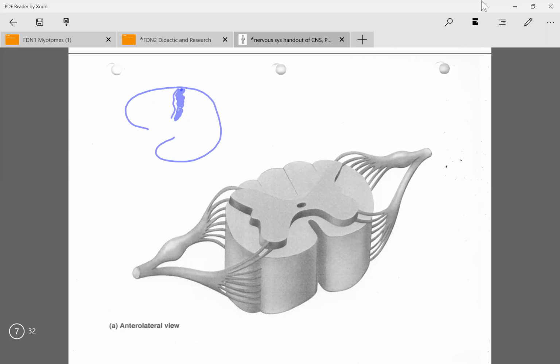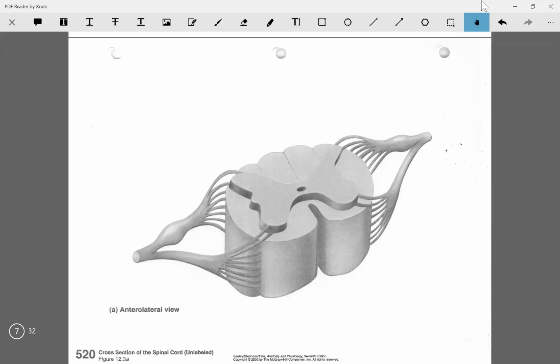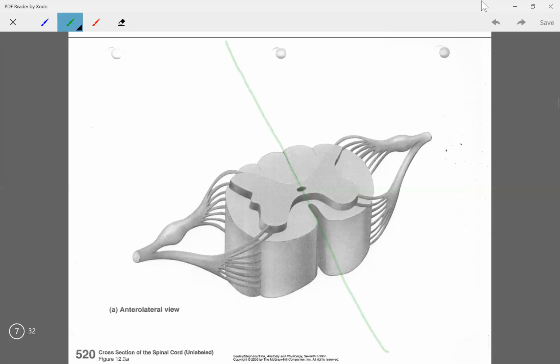All right, so let me get rid of this. Divide your spinal cord in half. Here's your brain, cross section.